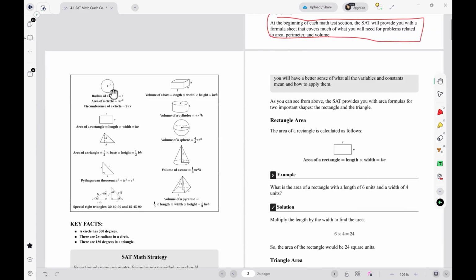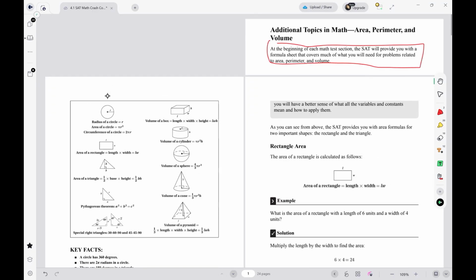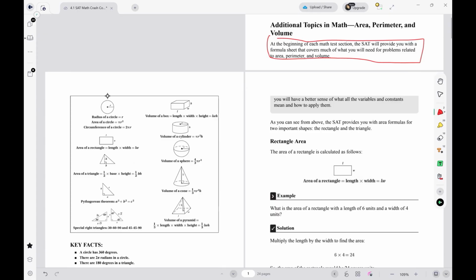I'm going to start with some basic geometrical shapes. For example, a circle, a rectangle, and the area of a triangle, Pythagoras.